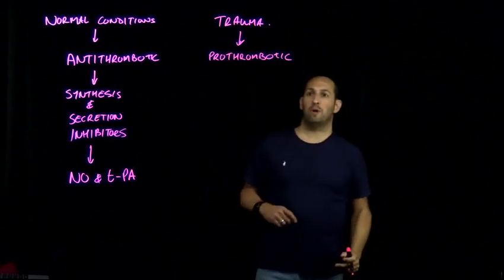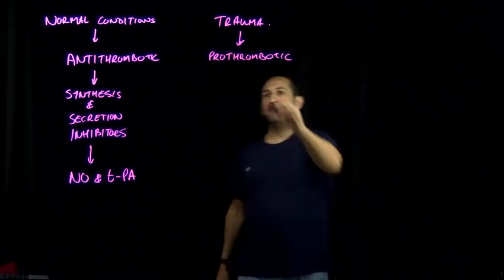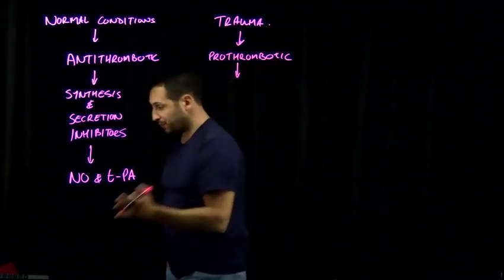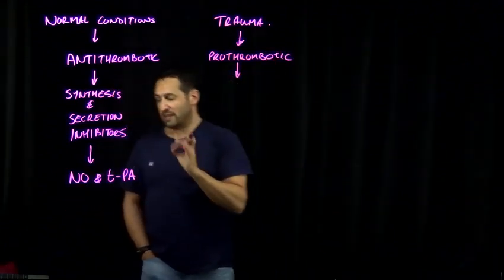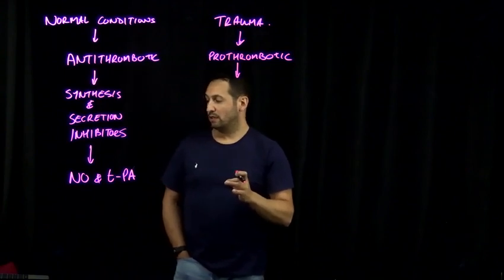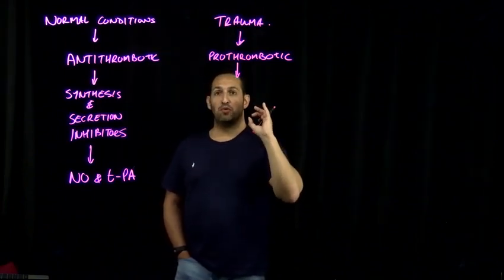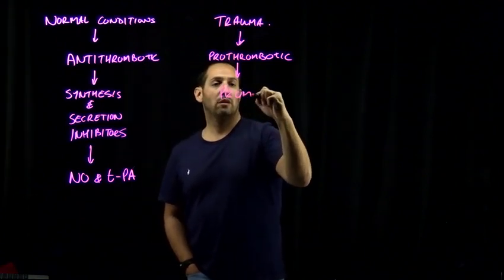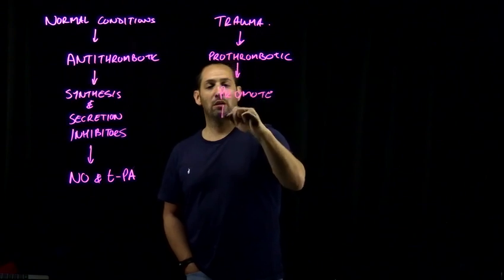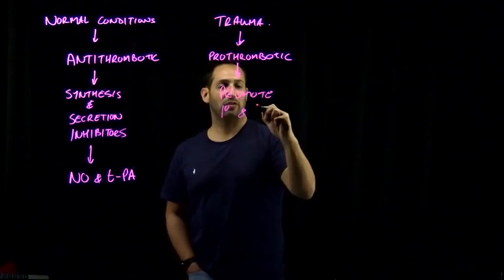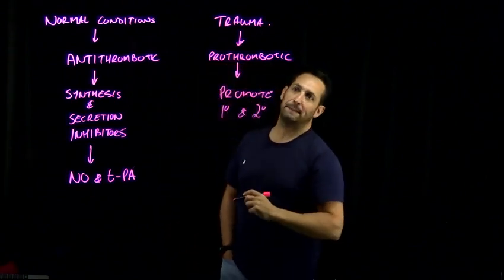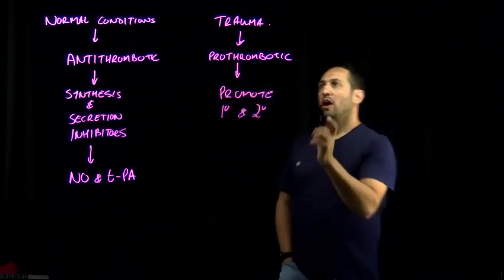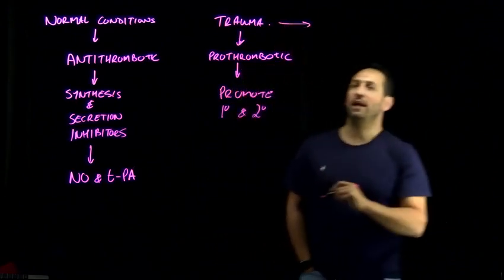Now, rather than synthesizing and secreting inhibitors, the vessel is going to do something else. It is going to promote primary and secondary hemostasis.